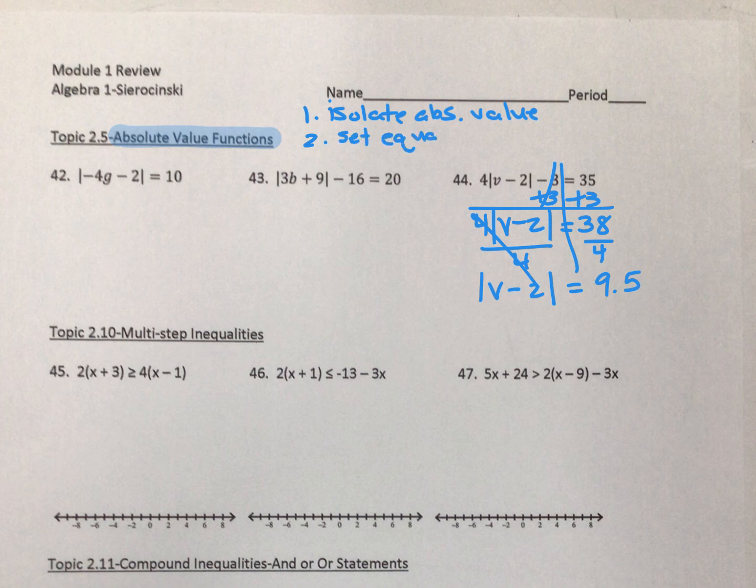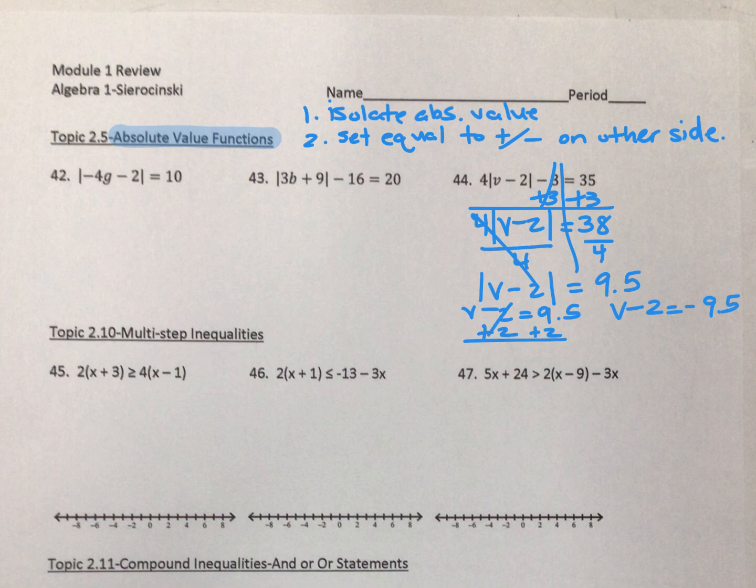Set equal to positive, negative on other side. So V minus 2 equals 9.5. V minus 2 equals negative 9.5. And then I just solve each one.